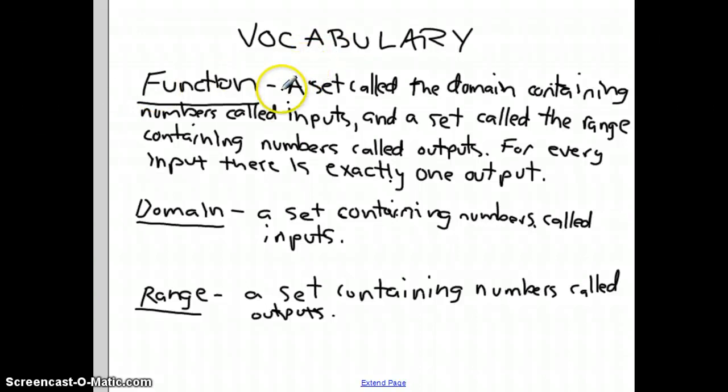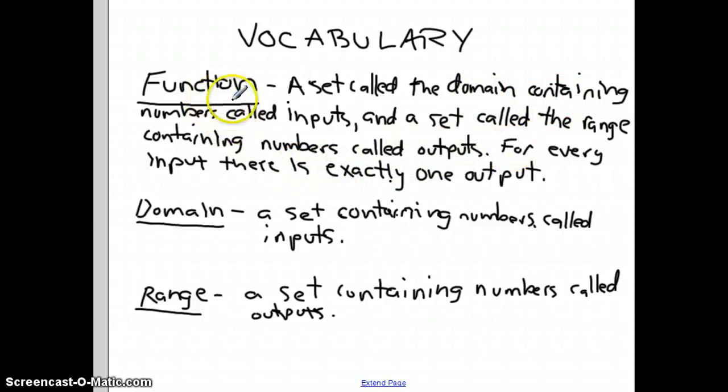First of all, what's a function? Well, we can define a function as a set of numbers called a domain, containing numbers called inputs. And it's also going to have a set called the range, containing numbers called outputs. In the next example, we'll take a look at how to write the domain and how to write the range.